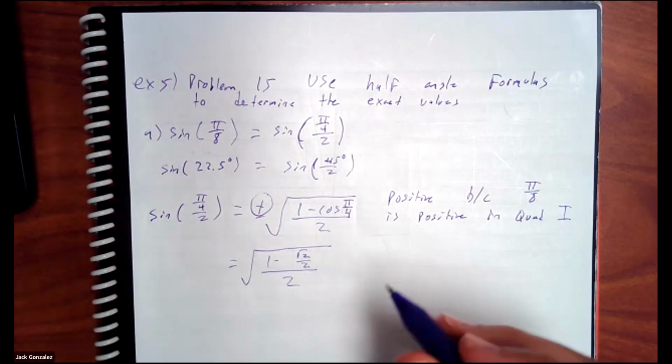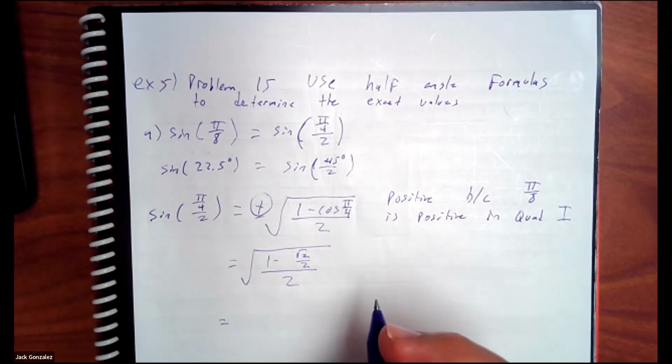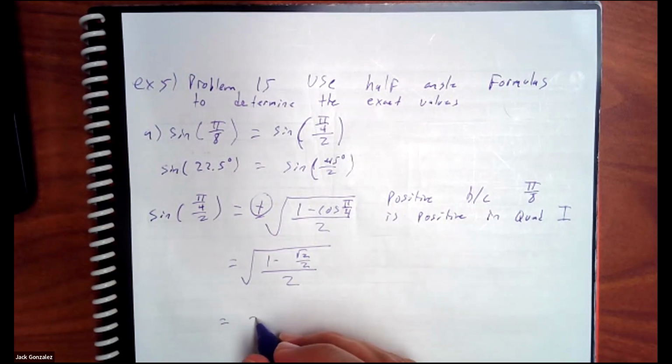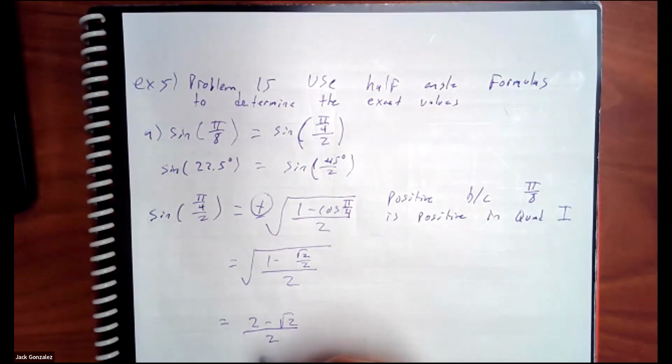Combine these fractions, that's going to be what? 2 minus square root 2 over 2 divided by 2.